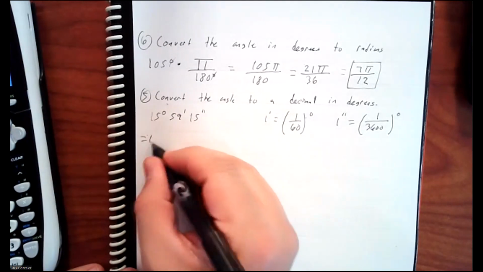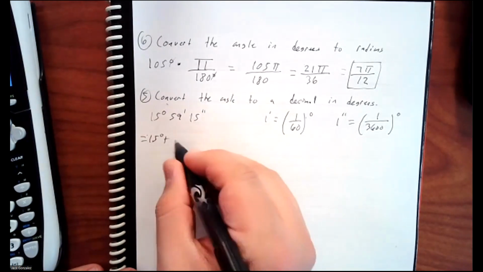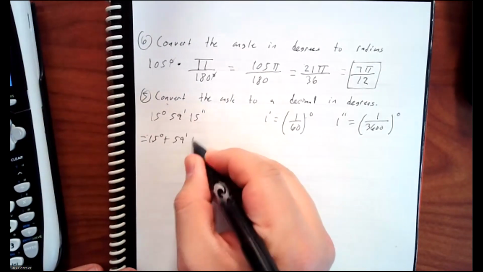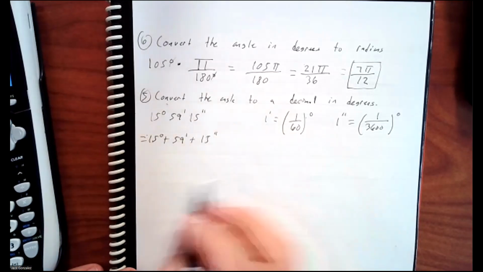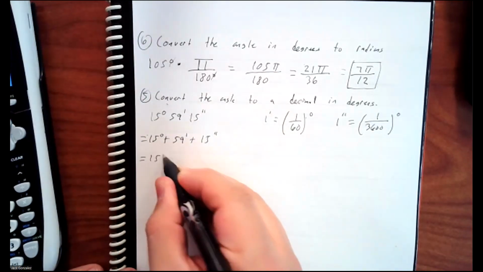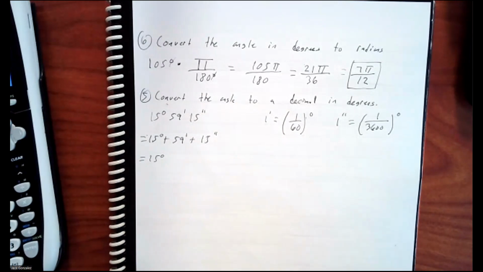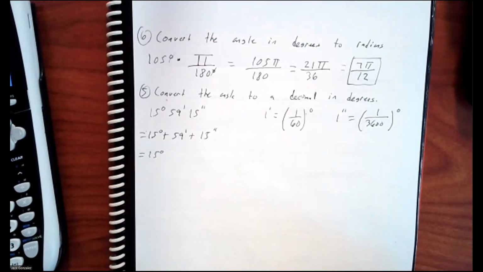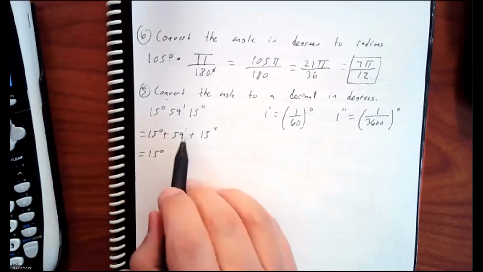You have to remember that this is just addition. So 15 degrees plus 59 minutes plus 15 seconds is the same thing. The 15 degrees is already in degrees, so you leave it alone. So we just gotta convert this piece here.